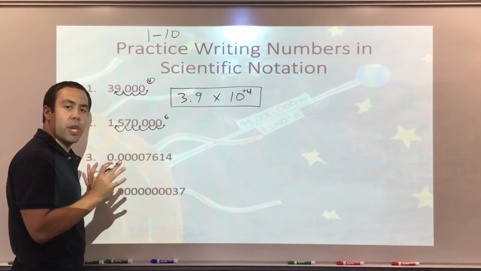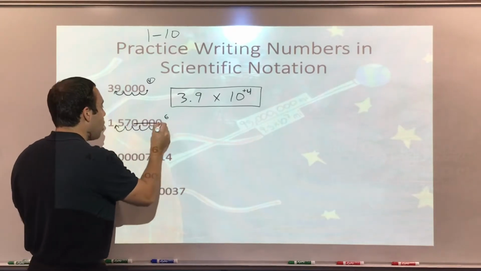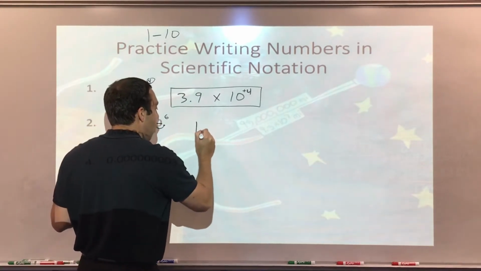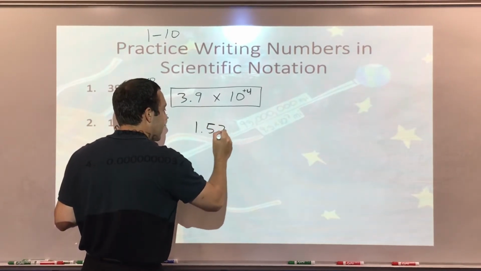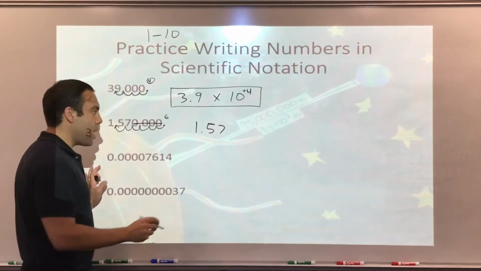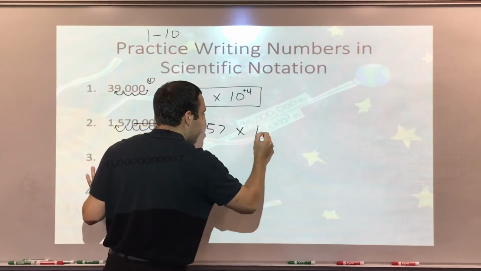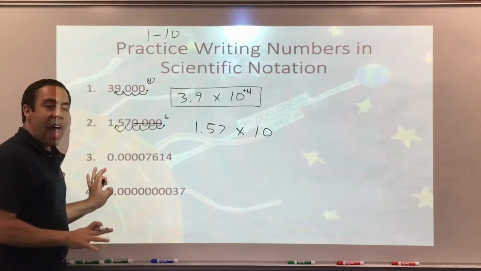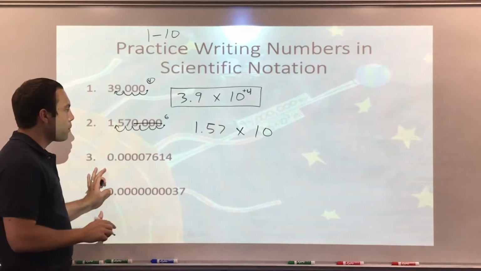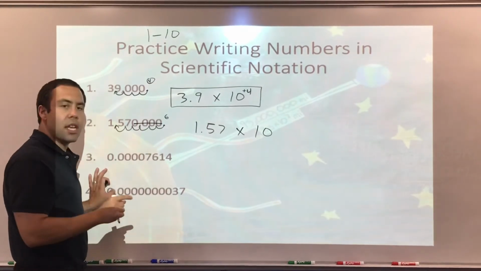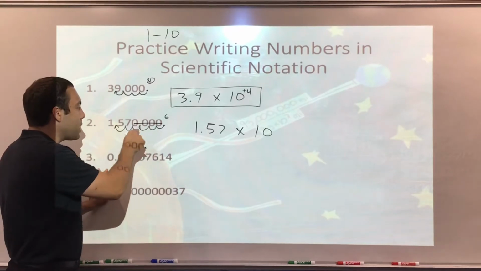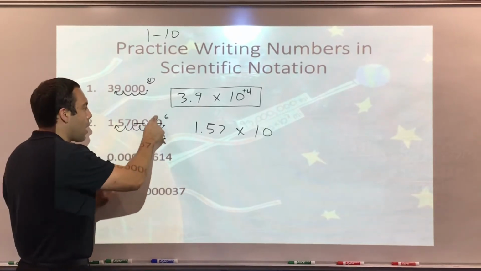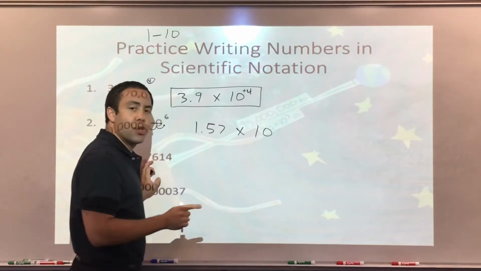Step 2, we rewrite the number without all of the zeros. So we write 1.57. Step 3, write times 10. And for step 4, we take the number of times we move the decimal point over and raise the 10 to that number.